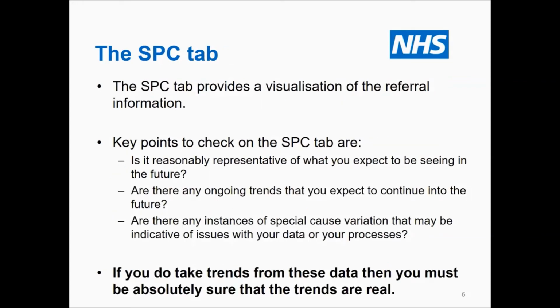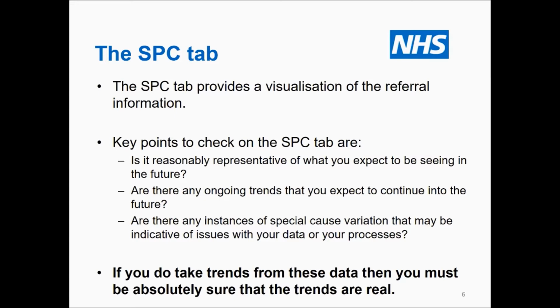The SPC tab provides a visualization of the referral information. This will allow you to check your data for unusual patterns of behaviour which may indicate data quality issues or other process issues that require further investigation before proceeding. Key points to check on the SPC tab are: is it a reasonable representation of what you expect to be seeing in the future?